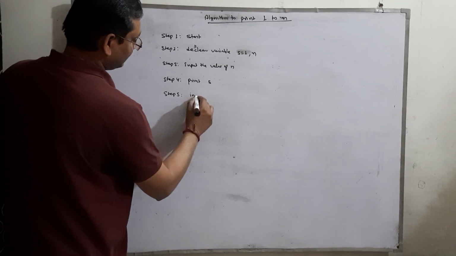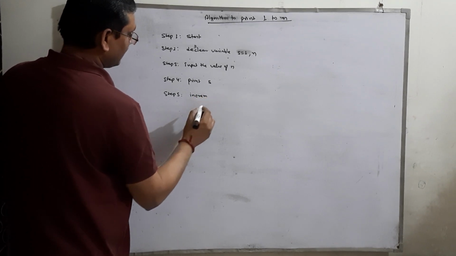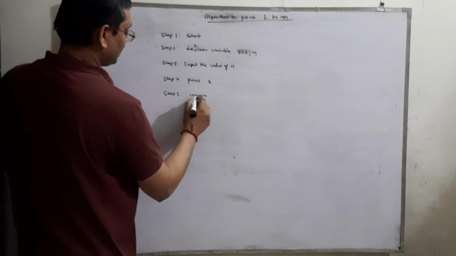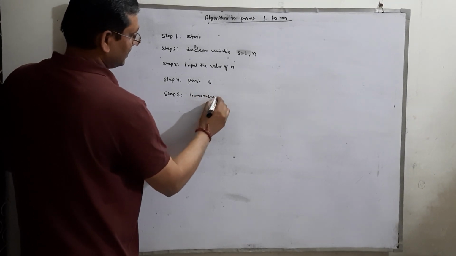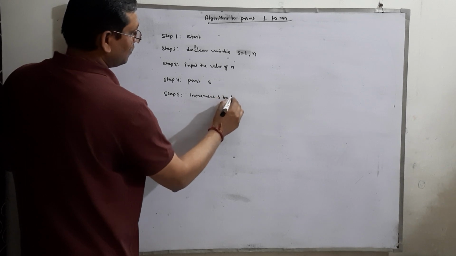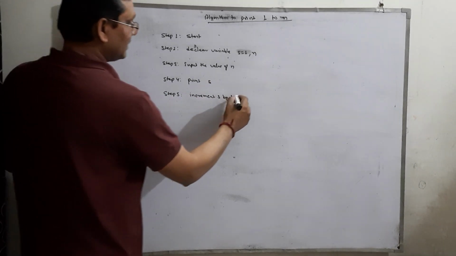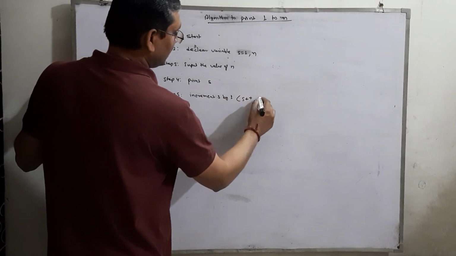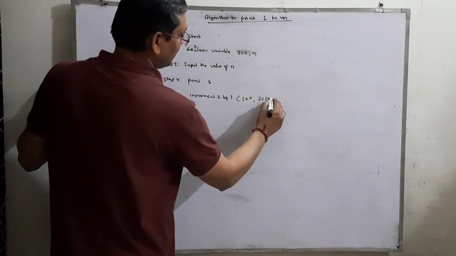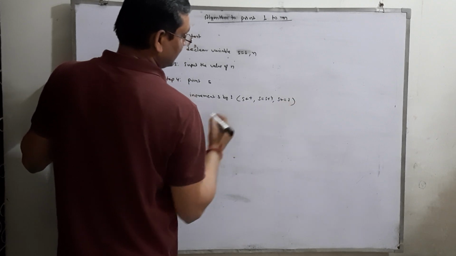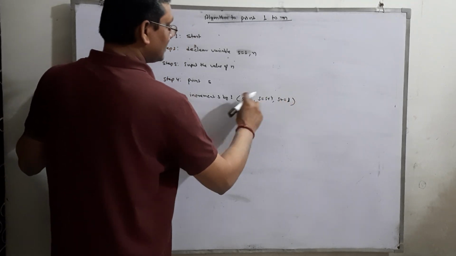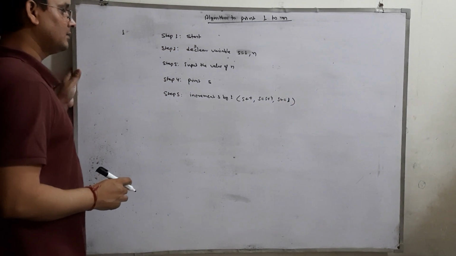Then step 5 says increment s by 1. It means s plus plus, you can say s is equal to s plus 1, you can say s plus equal to 1. We'll study further what is the use of this one.